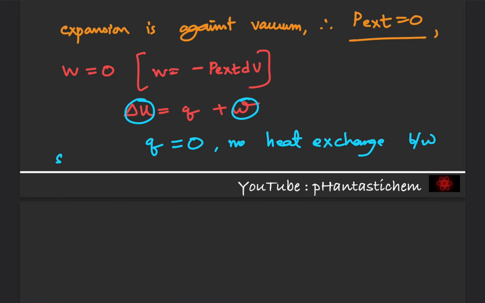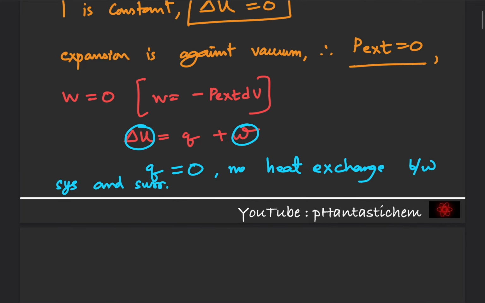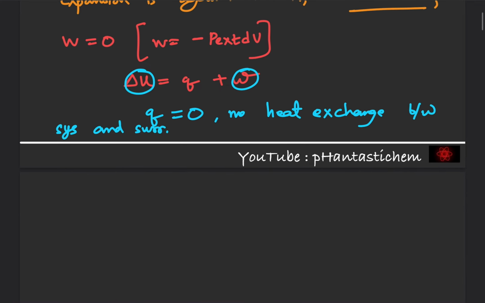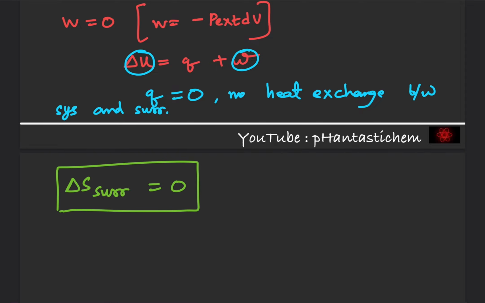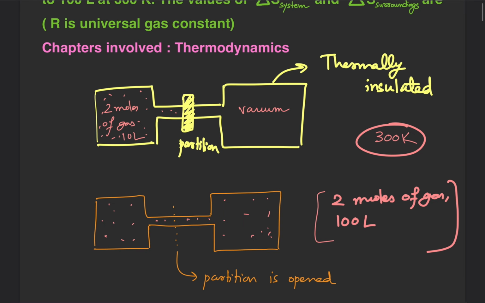And therefore delta S surrounding, that is entropy change of the surrounding, is equal to 0. Very important. This is because no heat is exchanged with the surrounding by the system, no heat goes out, and also no work is done on the surroundings or by the surroundings on the system.